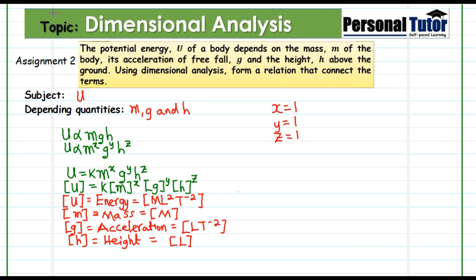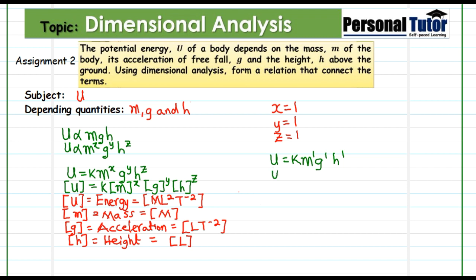From our main equation here, we could then say U is equal to K, then M exponent S, which is 1, G exponent Y, which is 1, then H exponent Z, which is also 1.